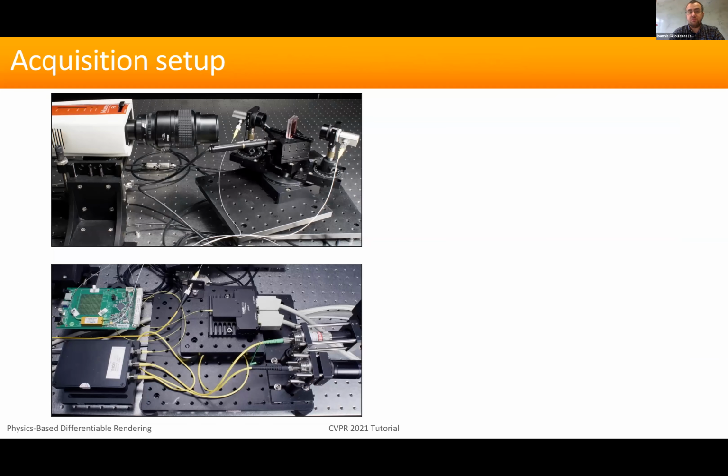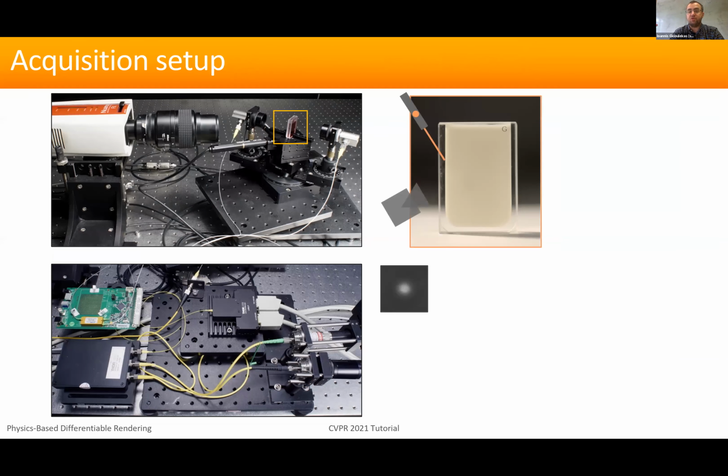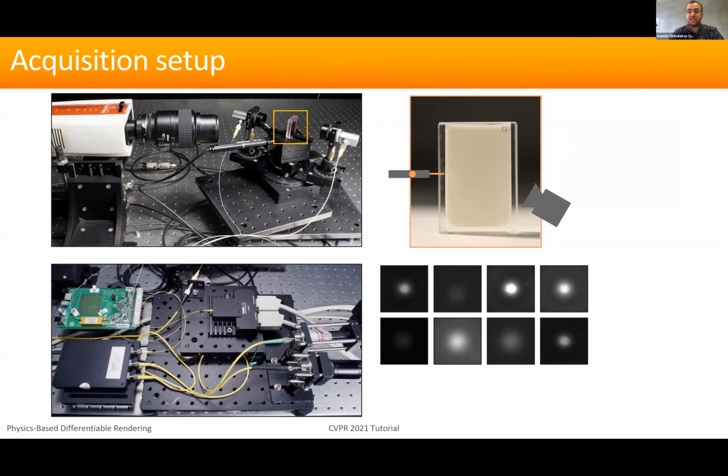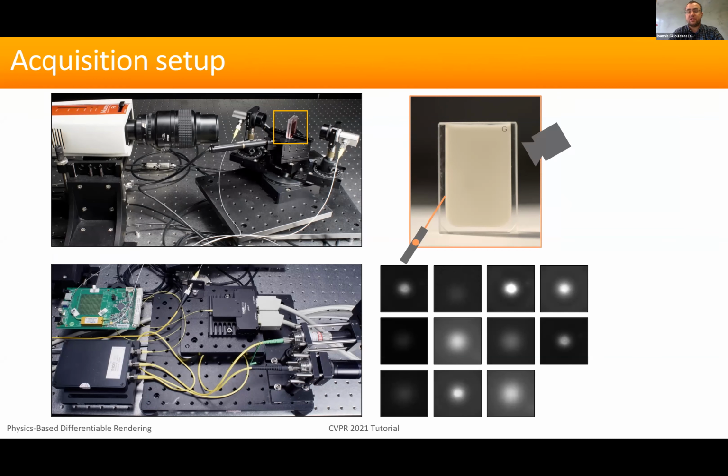So what did we do? We built an acquisition setup that looks kind of complicated, but basically all it is is that we put a sample in the middle, and then we take images of it under multiple illuminations and viewing conditions. The images look like the ones we have at the bottom right.